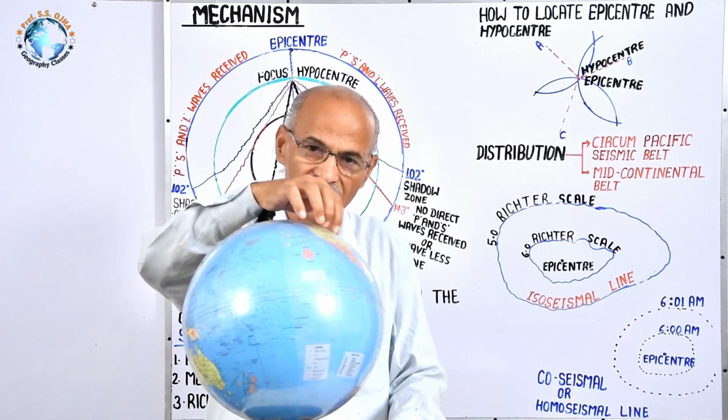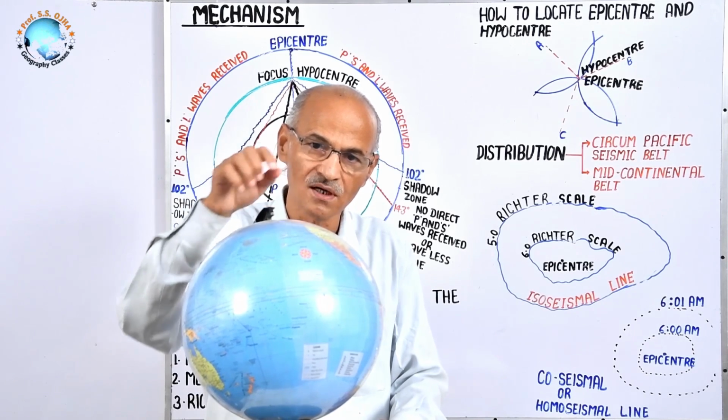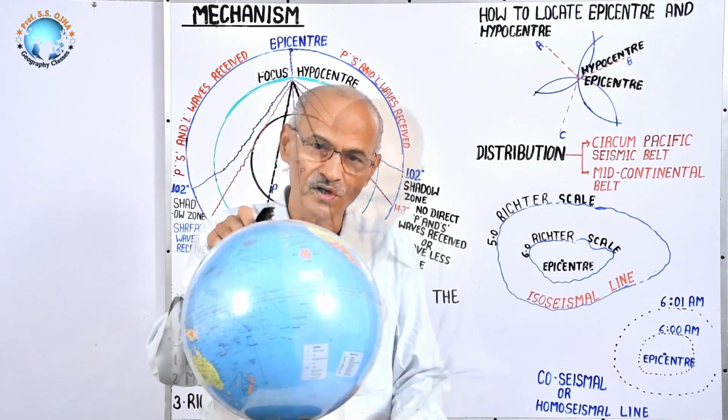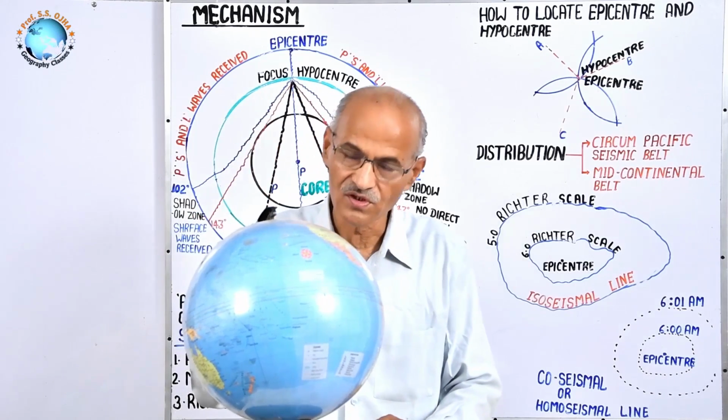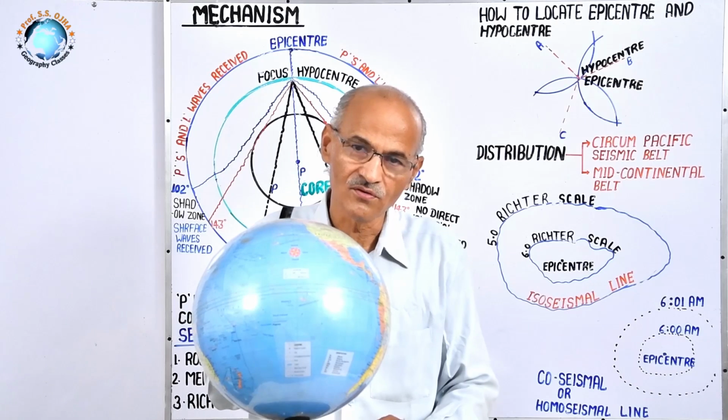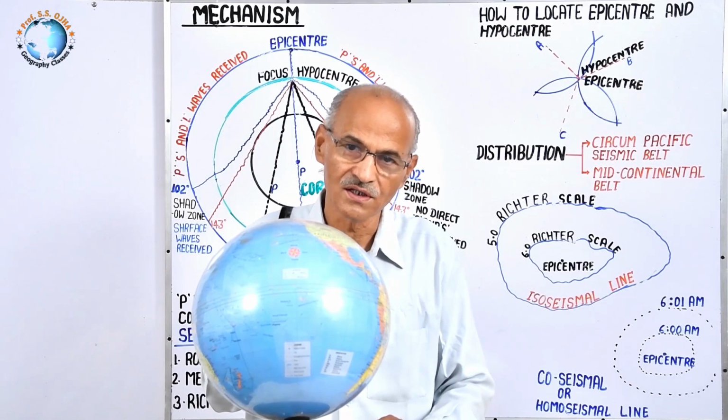So it is a challenge before seismologists to locate the epicenter and focus. But the seismologists have found out a way to locate it with the help of three seismological stations.